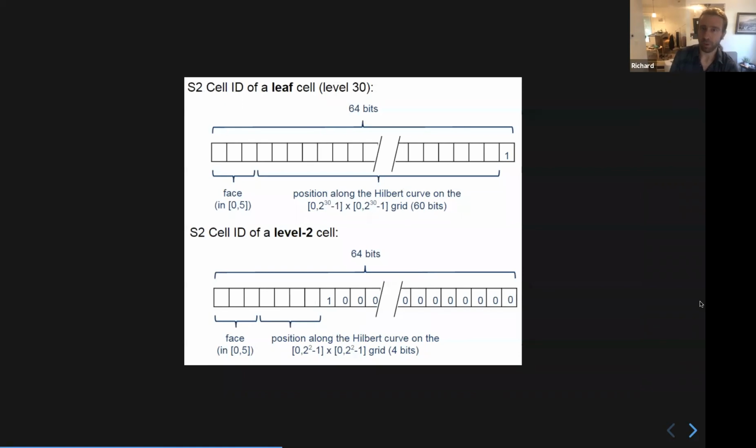This also means that the cells have relatively simple ID numbers. You have the face of the cube, 0 through 5, identified by the first 3 bits of an ID number. And then the last 63 bits or so of the number are identifying both what level of the curve you're in, indicated by the trailing 1 here, as well as the ID of the cell. And if I increment these numbers one at a time, I walk that curve.